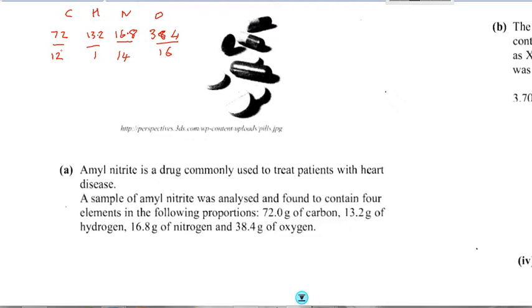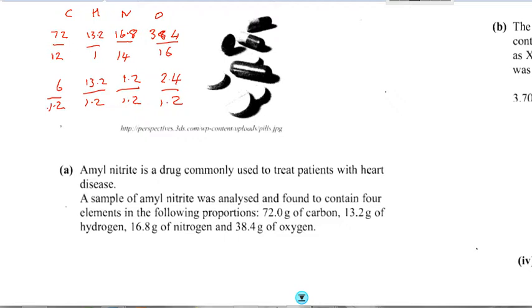So our 72 divided by our 12 gives us a nice round 6. That's obviously 13.2, that's 1.2, and we have finally a 2.4. So we take the smallest one, we divide it into all of them: 1.2, 1.2, 1.2, 1.2.